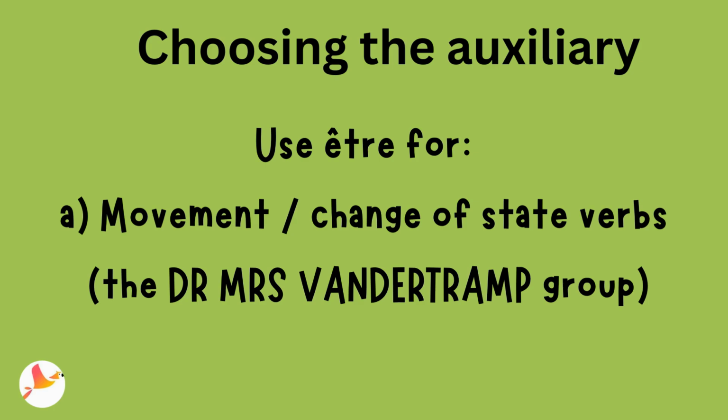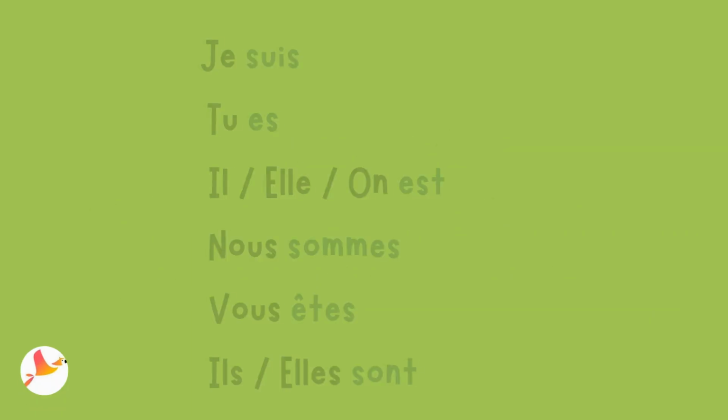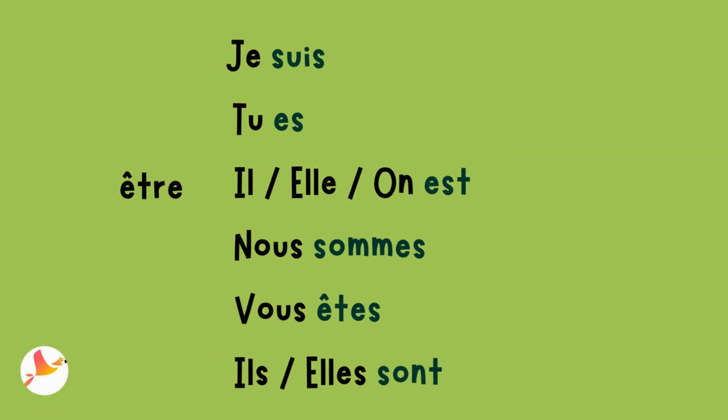So these Dr. Mrs. Vandertramp verbs use être as the auxiliary. Être is conjugated as follows: je suis, tu es, il est, elle est, on est, nous sommes, vous êtes, ils sont, elles sont.